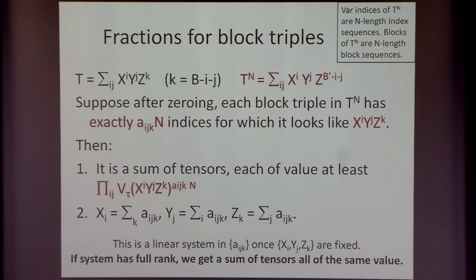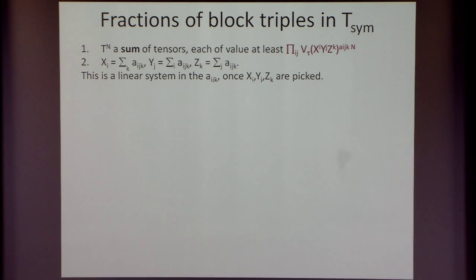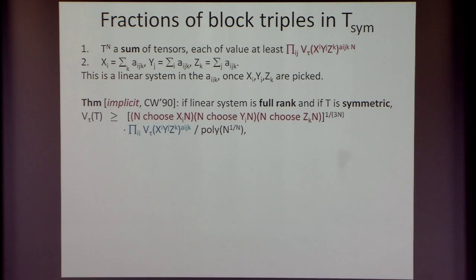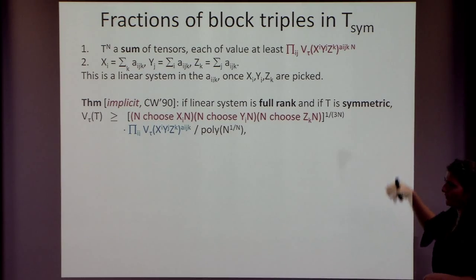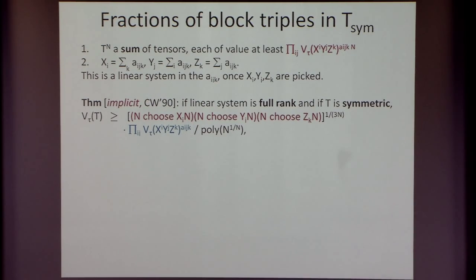And this is exactly what happens in Coppersmith and Winograd. So I wrote that up again, and this is the theorem that Coppersmith and Winograd actually prove if you go through what they're doing.